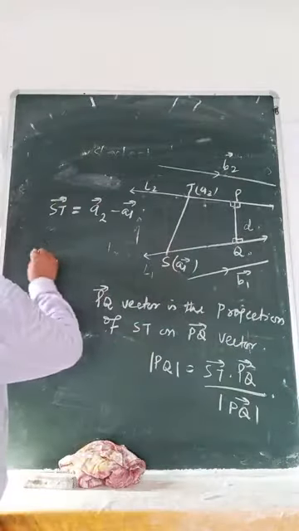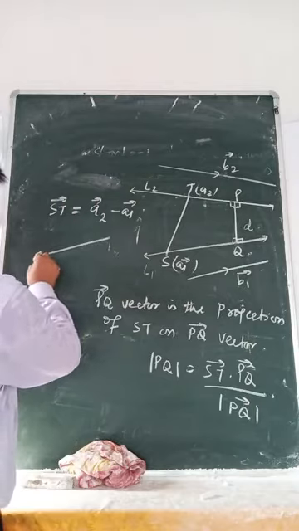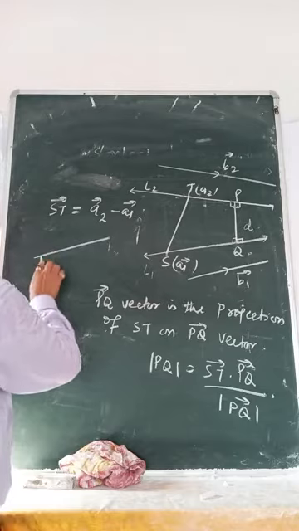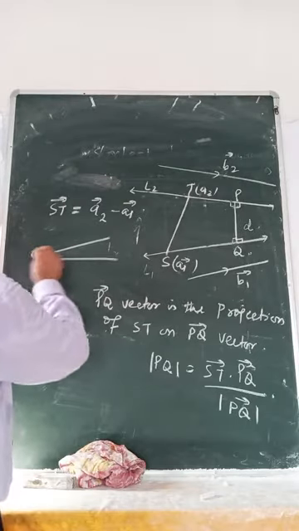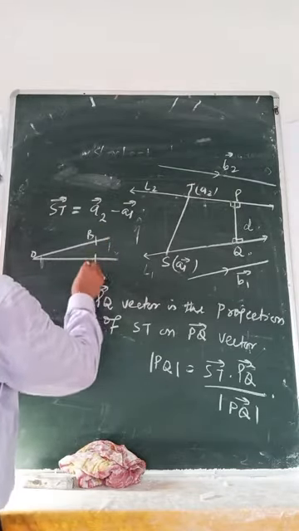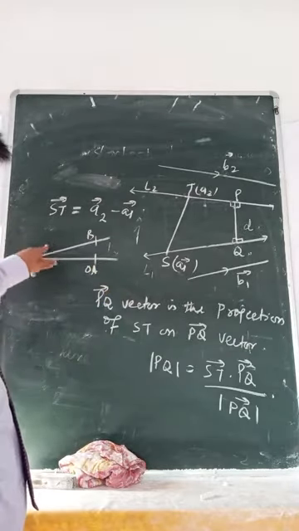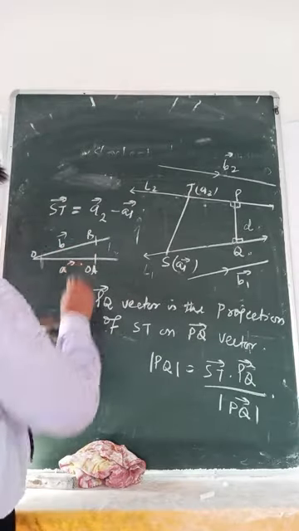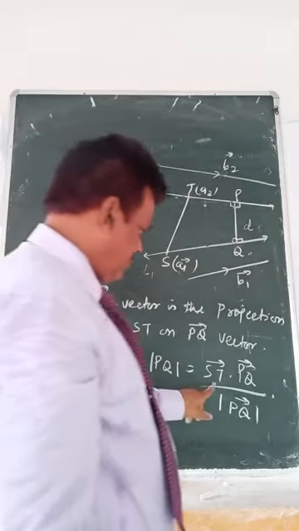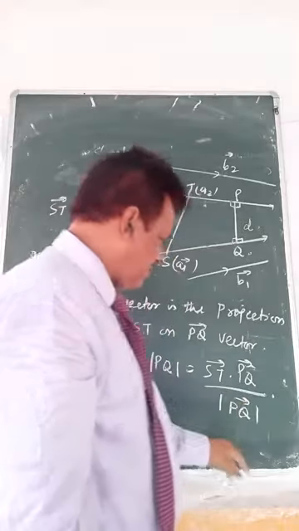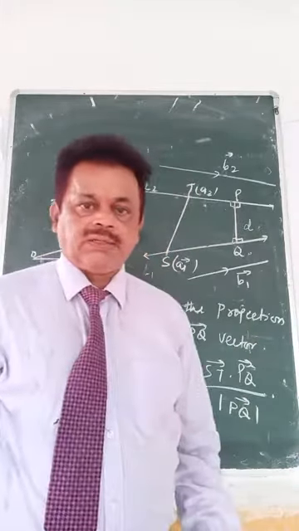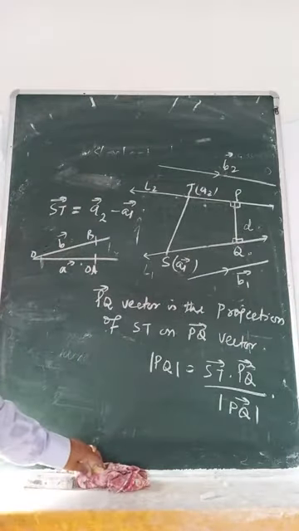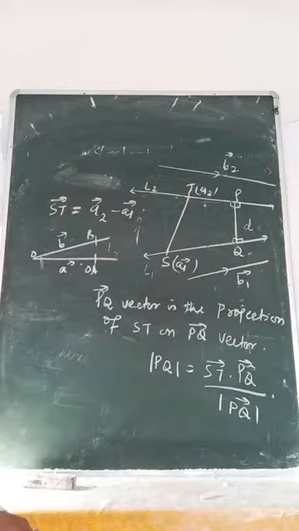If I remind you, projection of OB on OA, how did you find? OB means B vector dot A vector by mod of the A vector. Okay. So you can write PQ equals how much?